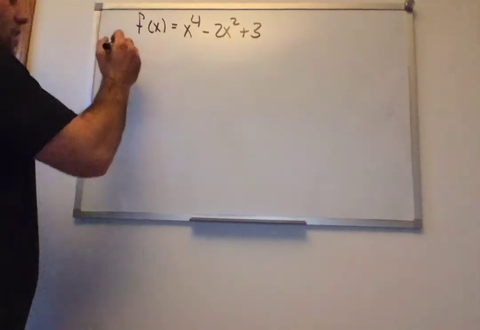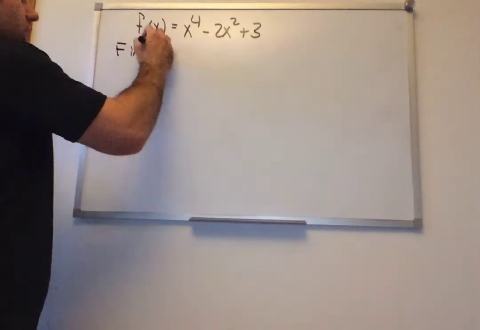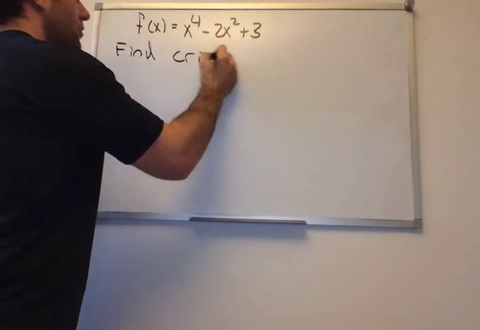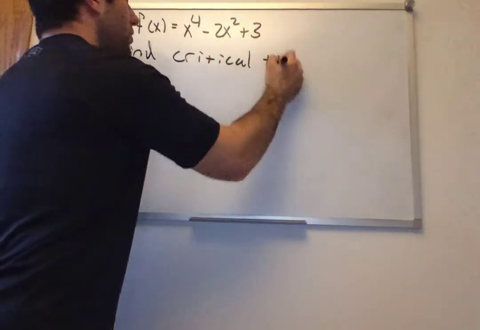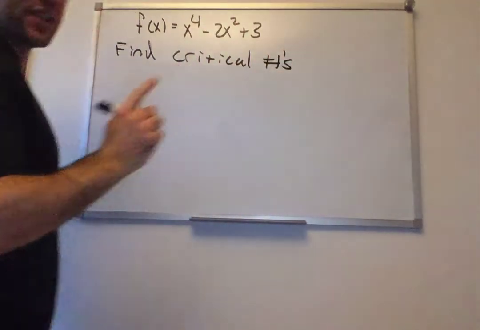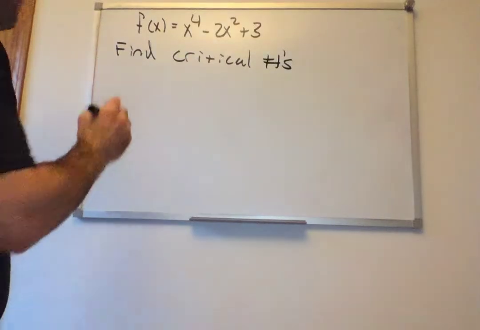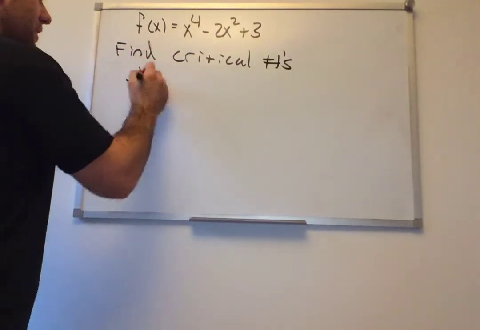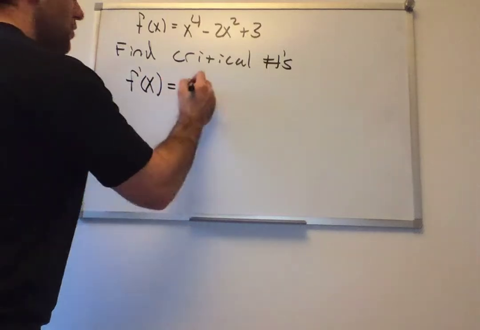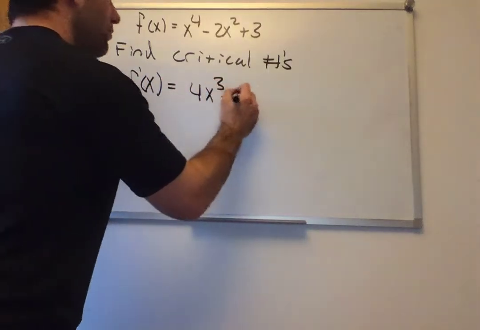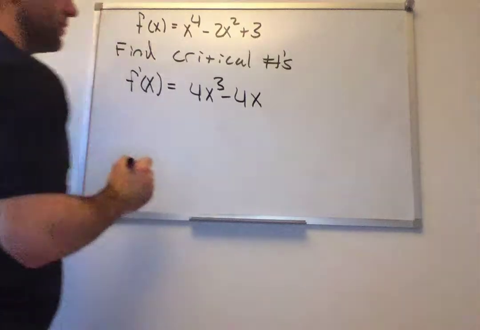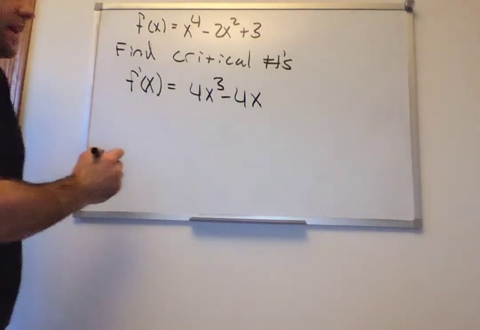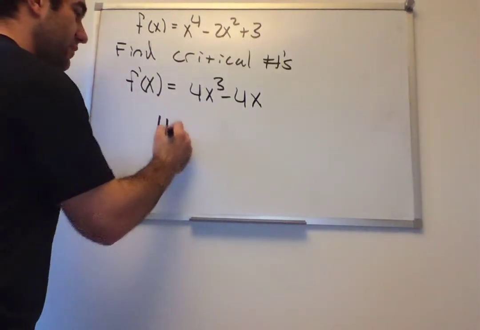So first off, I'm going to find the critical numbers. To find the critical numbers, that means take the derivative. So 4x cubed minus 4x. And then I'm going to set it equal to 0.